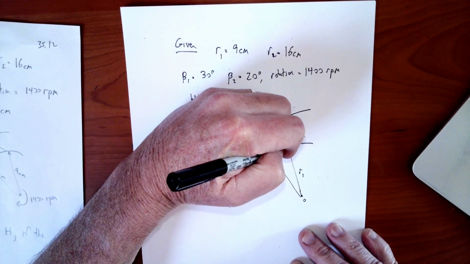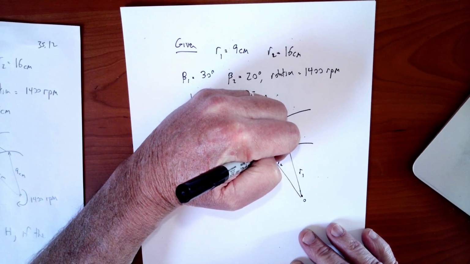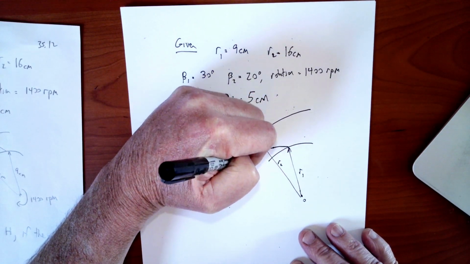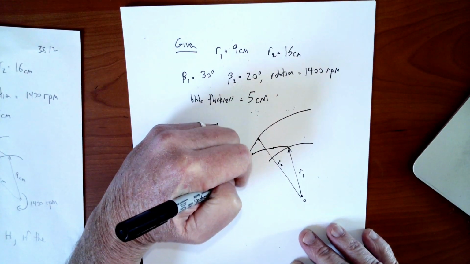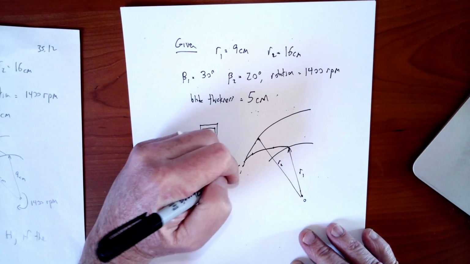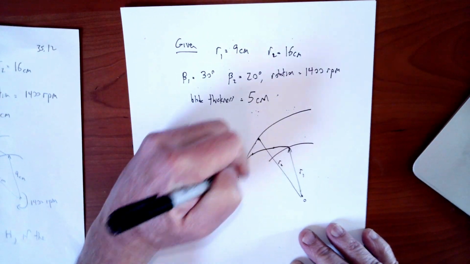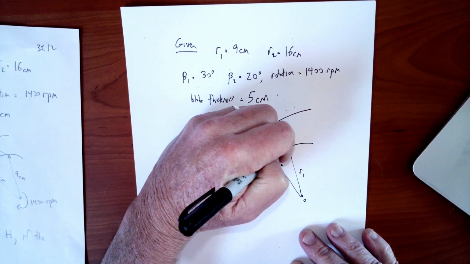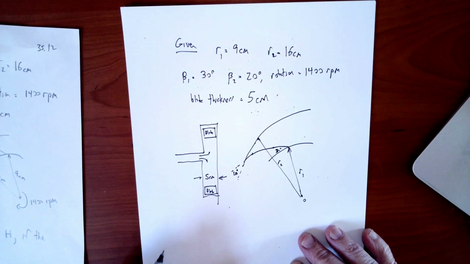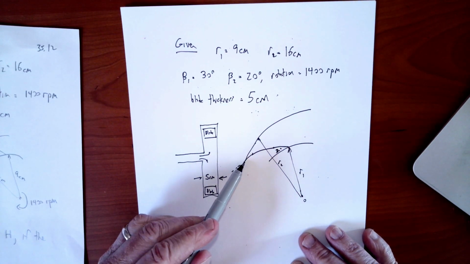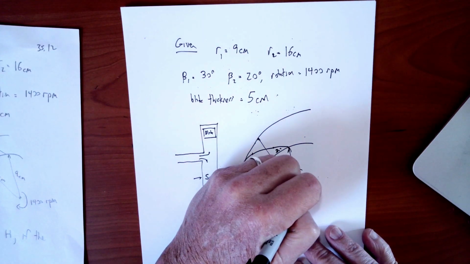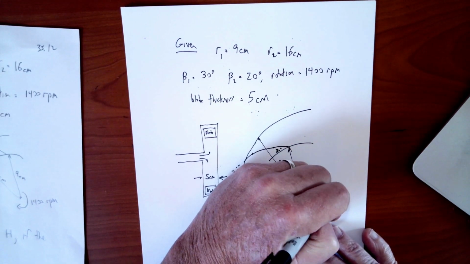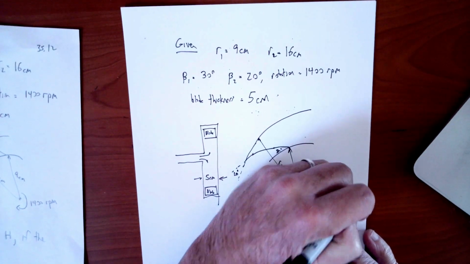As we just said, there'd be a 30-degree angle here, and then that narrows down to only 20 degrees out here where the blade is ending. So those are our 30 and our 20 for the blade angles at the entrance and at the exit, and the whole thing is rotating around at 1400 rounds per minute.